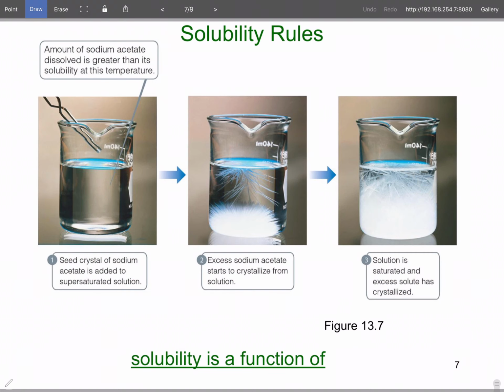Okay, here is a slide that shows you that solubility is a function, again, of temperature. So what you've done here is this is a supersaturated solution, and you have shocked it. There are a variety of ways to shock it. You can hit the container.